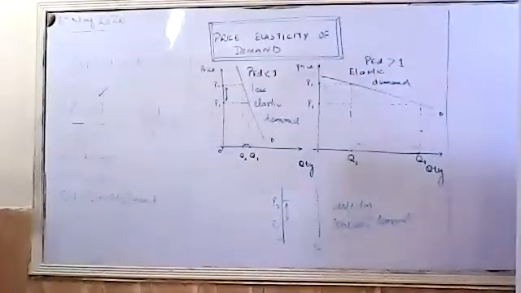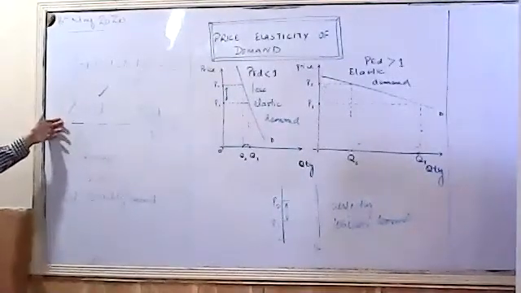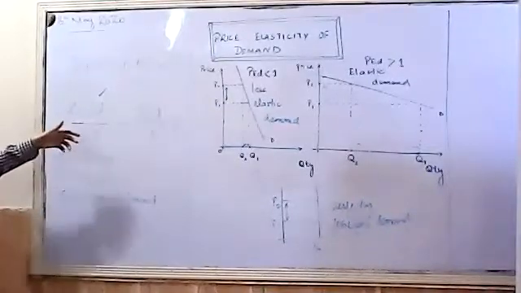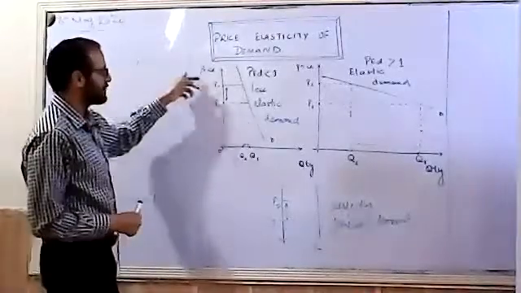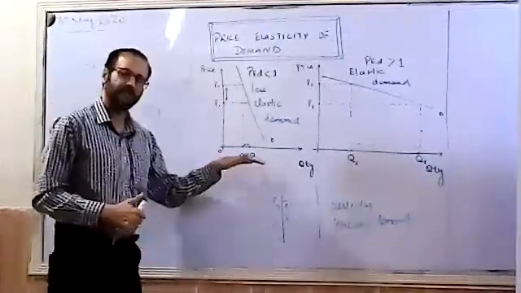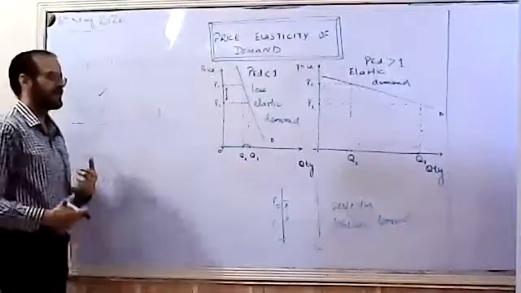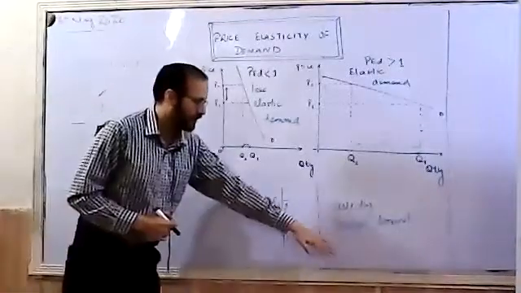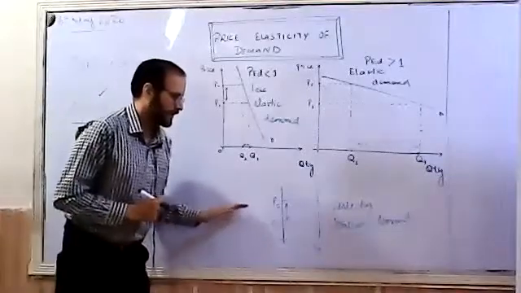So the formula method is very simple, through which we can calculate elasticity by putting in the values from any table, or maybe a graph is given to you with some values on it, and you can simply calculate and find the elasticity. If it's elastic, inelastic, unit elastic, perfectly elastic, or perfectly inelastic.